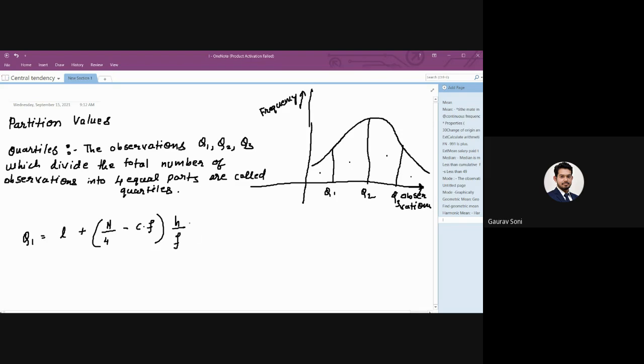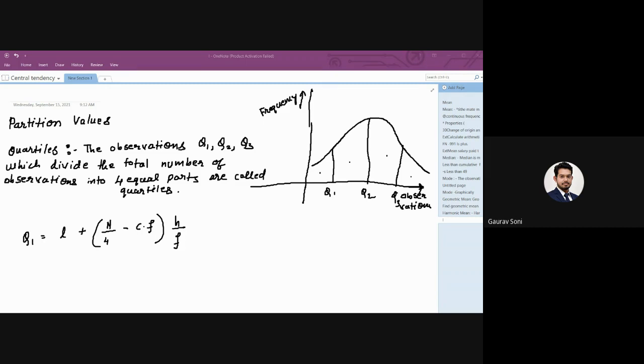This formula looks similar to that of the median. Exactly. In median, you were taking n by 2. In this case, you are taking n by 4. You took n by 2 because the median was dividing it into two parts.